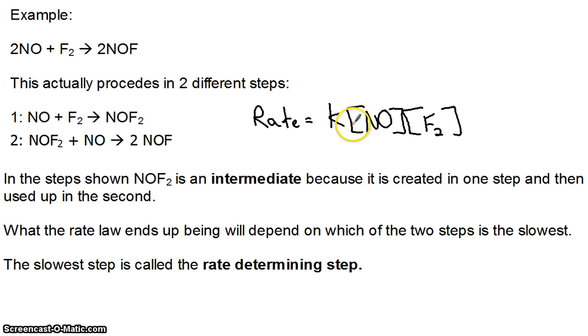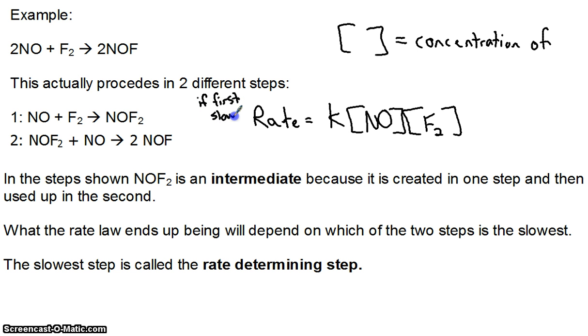These square brackets here mean concentration of. Anytime you have something in square brackets, that equals the concentration of that in chemistry. So if the first step was the slowest, the rate would be this, where it would depend on the concentration of NO and F2 equally.